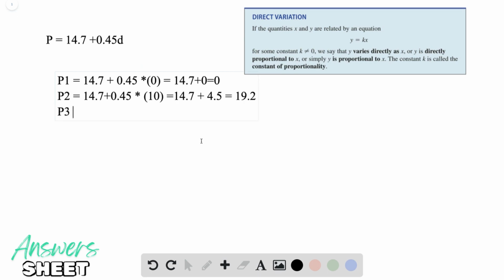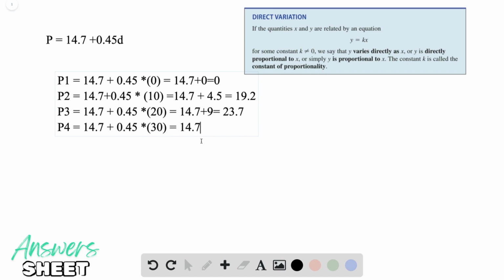And P3, keep going on, 0.45 times 20 this time. That will be 14.7 plus 9, and that will be equal to 23.7. And pressure 4 equals 14.7 plus 0.45 times 30.